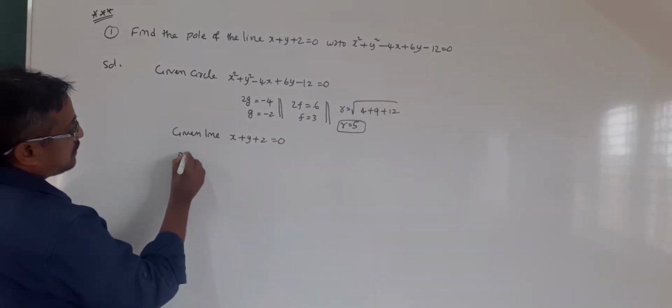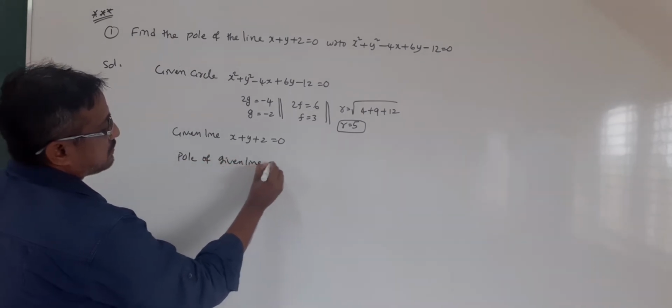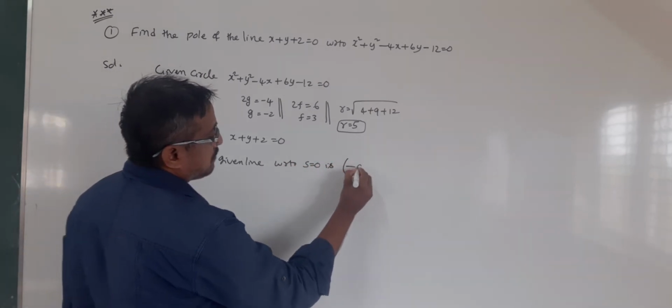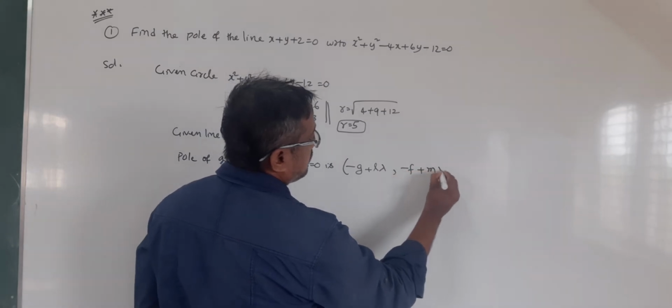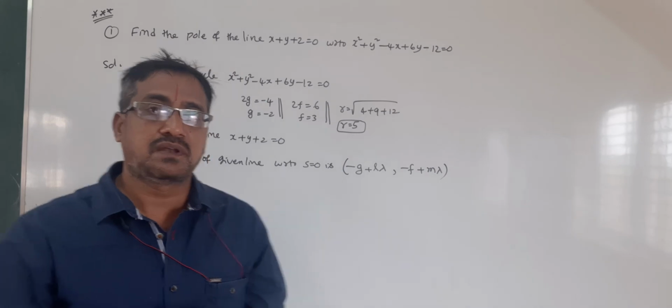So pole of given line with respect to S is equal to 0 is minus g plus L lambda, minus f plus M lambda.